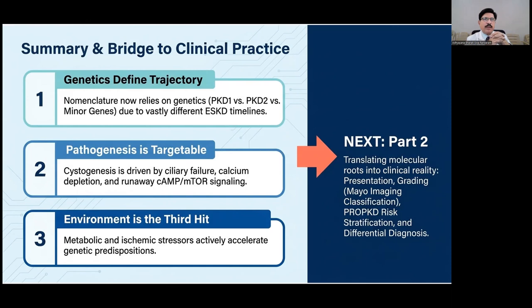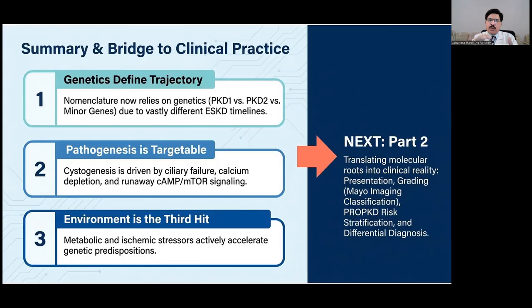Now, what is the summary here? We should not stop short with radiological or clinical diagnosis. We have to make a genetic diagnosis. PKD1, worst end-stage renal disease. PKD2 better, still better will be minor genes.